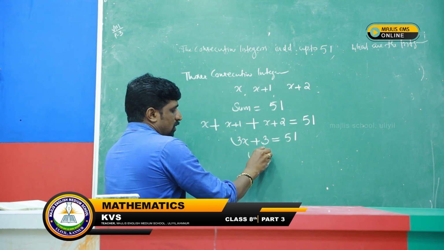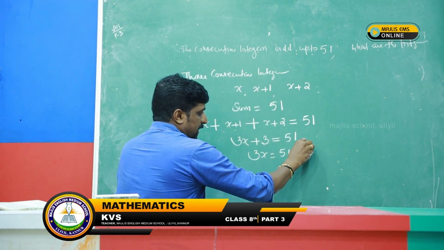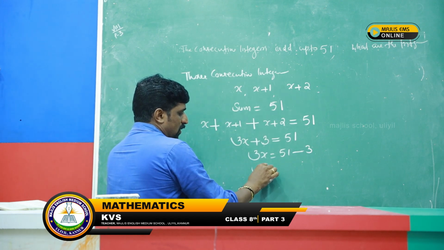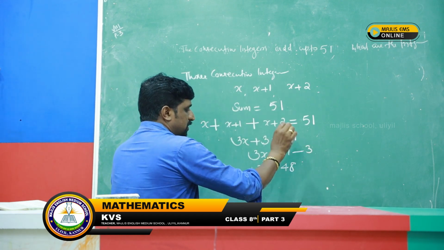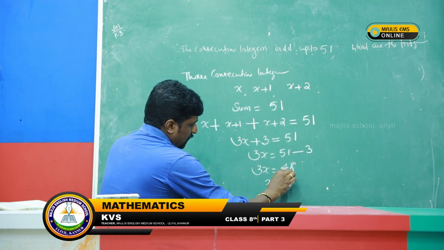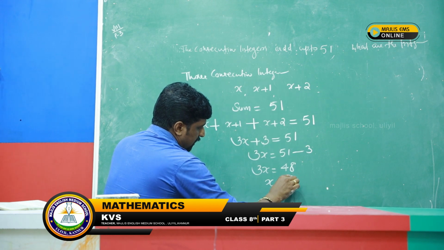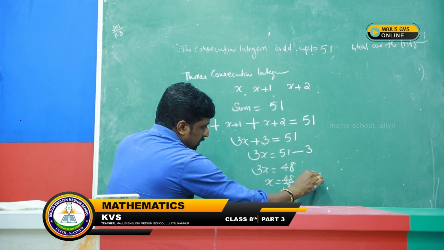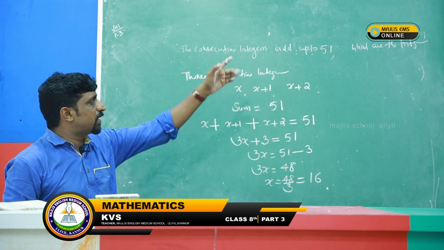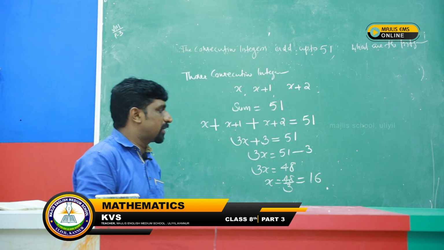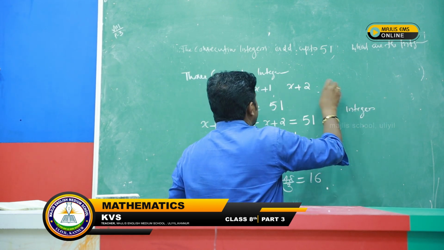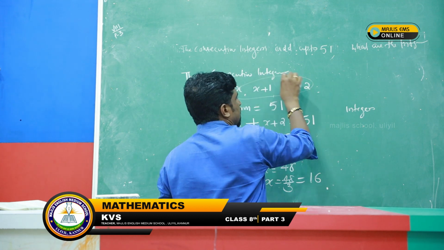Then 3x equals 51 minus 3, that is 3x equal to 48. Then x is equal to 48 by 3, that is 16. We need to find the integers, which are normally taken as x, x plus 1, x plus 2.